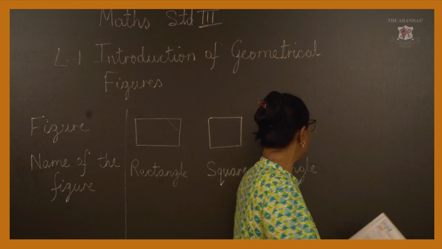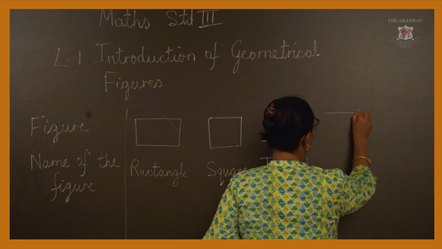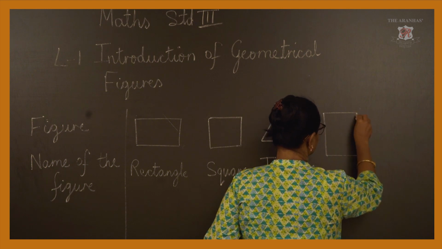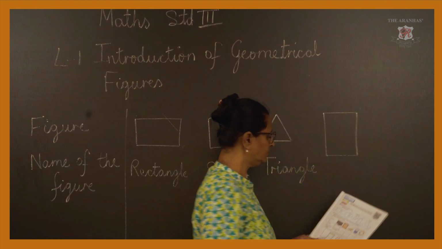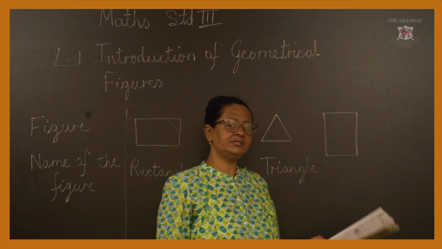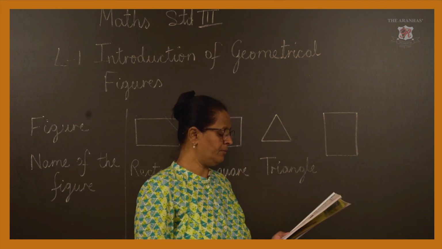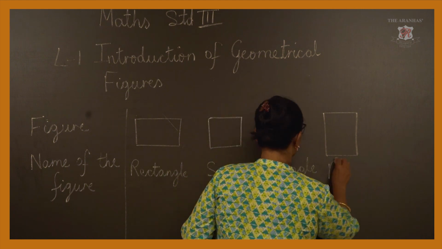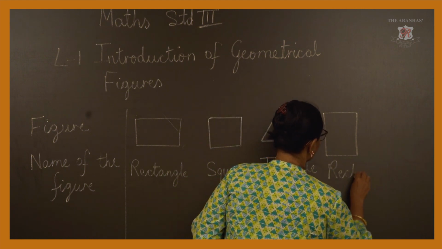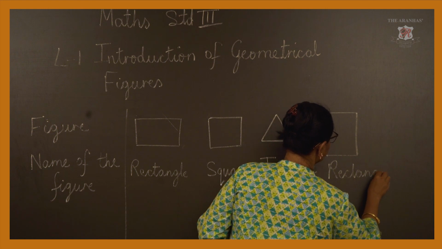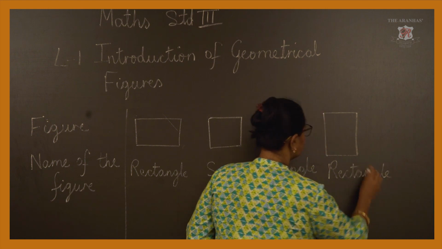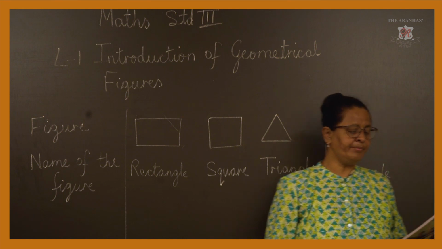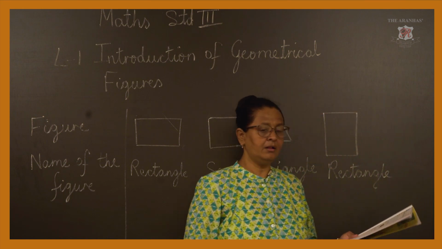Can you tell me what shape is it? It is something like this, no? Yes, it is a rectangle. And the last one, very simple, the bangle.